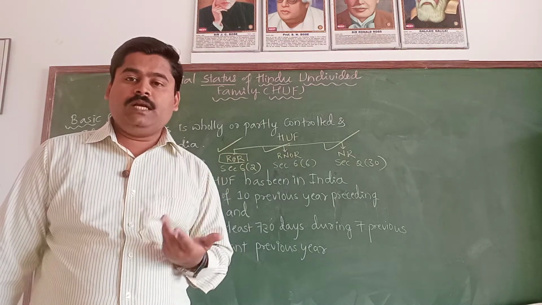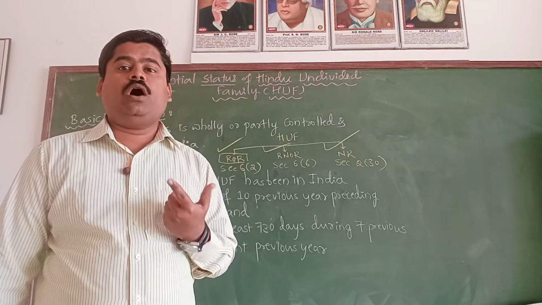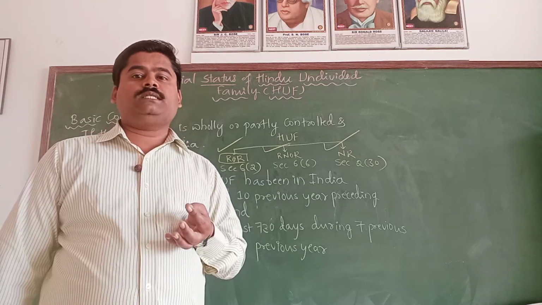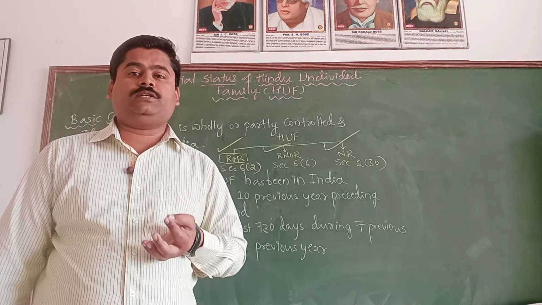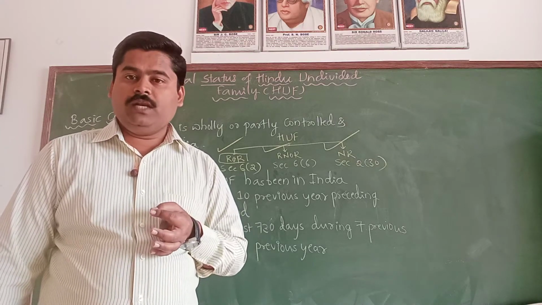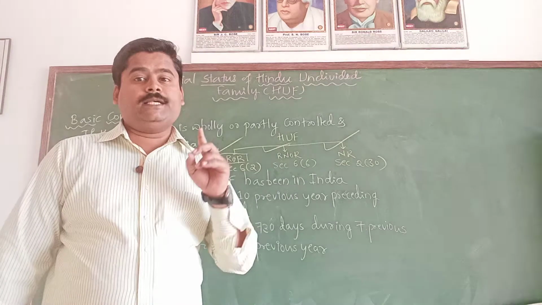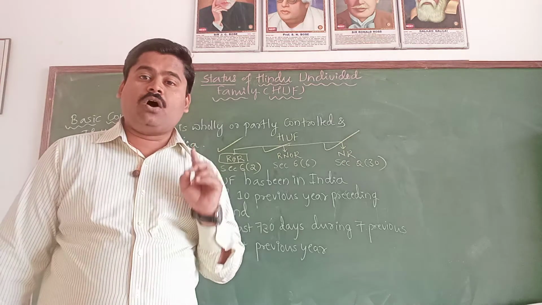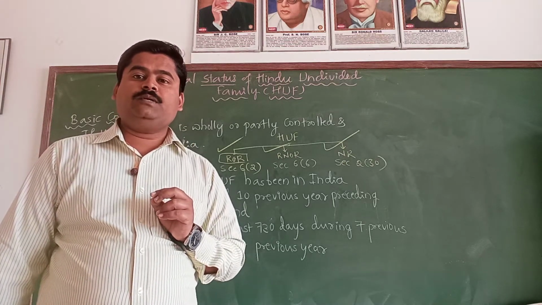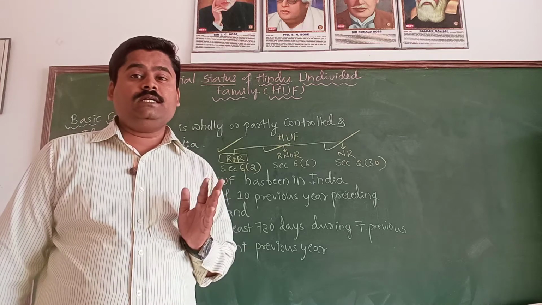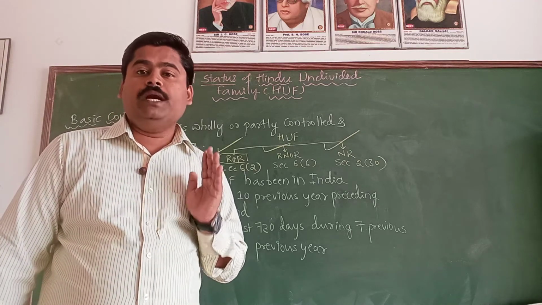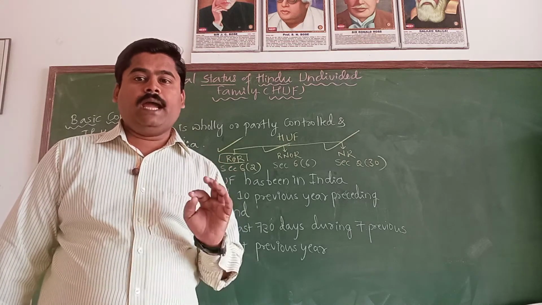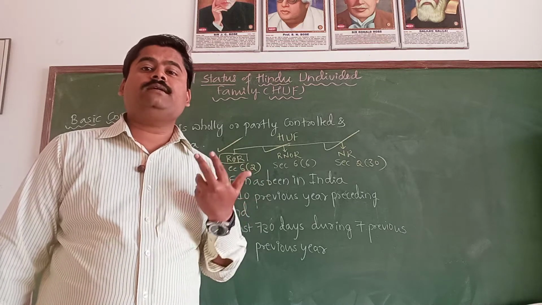So these are the three different types of residence status of Hindu undivided family business in India. It is so called as the resident, ordinarily resident, ROR, when it fulfills the very basic condition as well as both the additional conditions. The second type is the RNOR, resident, not ordinarily resident, when it fulfills the first basic condition and does not fulfill both the additional conditions.